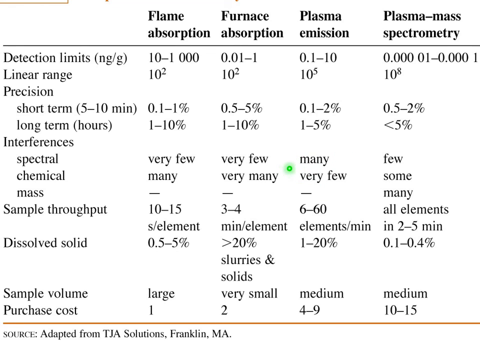On the other hand, you have very few chemical difficulties. The instrument will be roughly 5 to 10 times more expensive than a flame atomic absorption instrument. So people select the instrument which suits their problem, and in modern industry you can see all of these methods working.